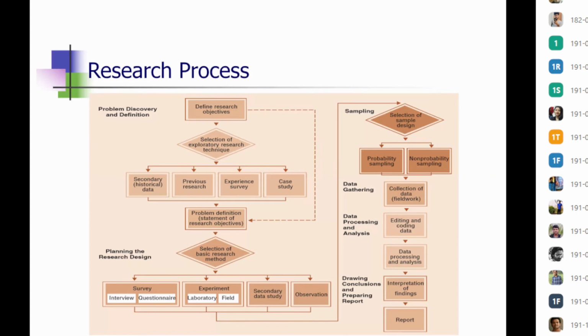To define it, sometimes you need to conduct exploratory research, like secondary data analysis, previous research, experience survey, case study. After doing this, you can set out your research objective. Once you have set it out, you should look at the problem definition.